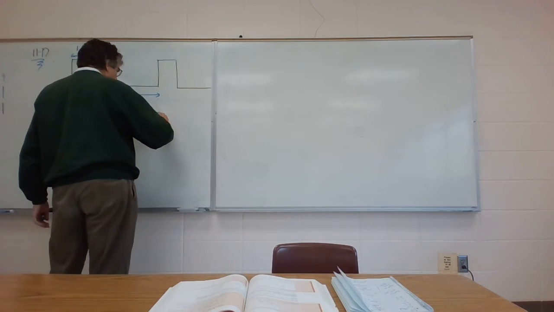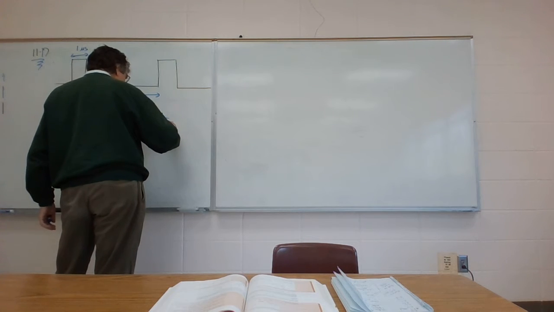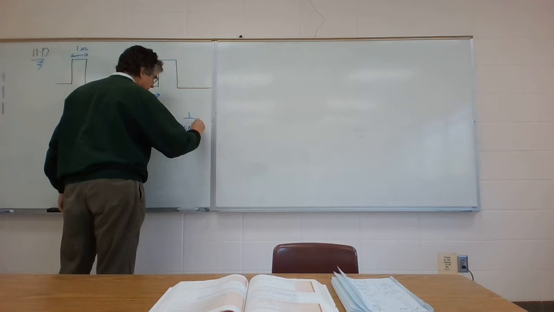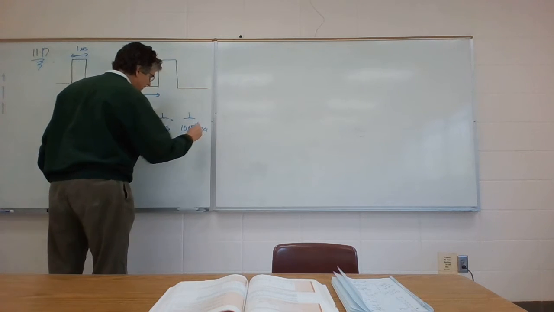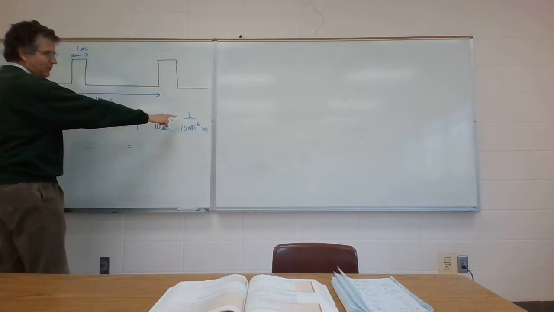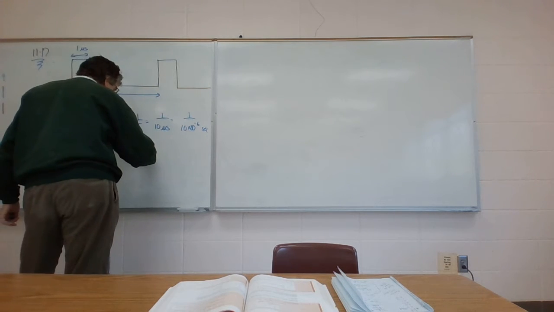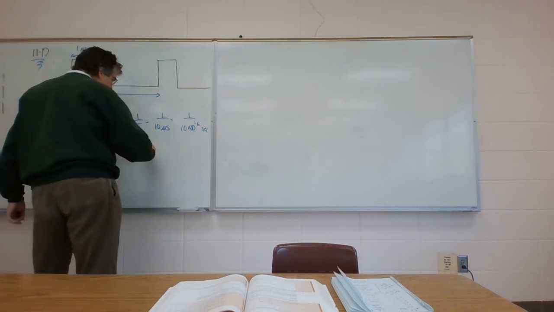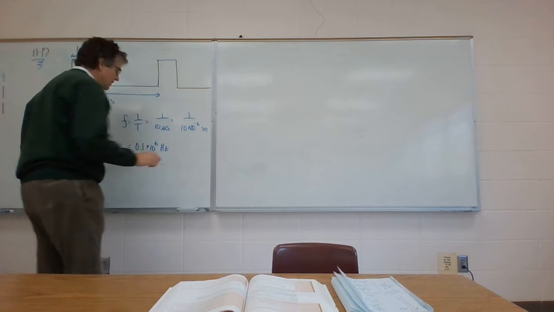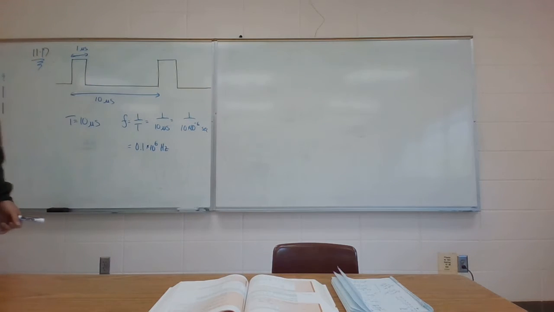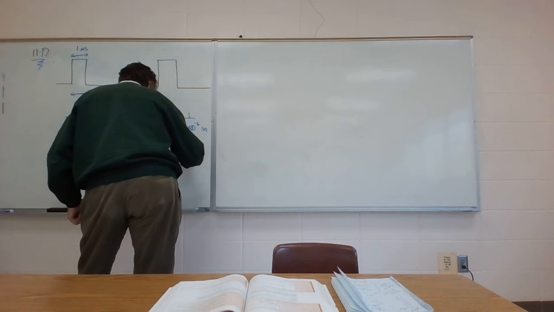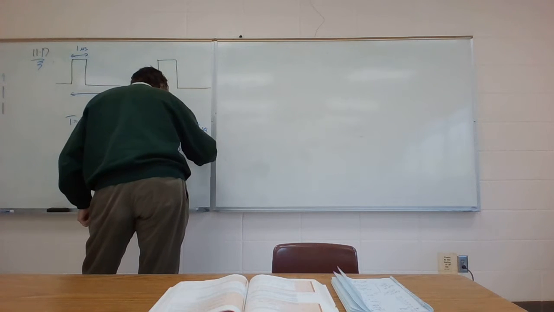So that's 1 over 10 microseconds, which is 1 over 10 times 10 to the negative 6 seconds. 1 over 10 is a tenth, so that's 0.1. 1 over 10 to the negative 6 is 10 to the positive 6 hertz, because 1 over seconds is hertz. That's a megahertz, so it's 0.1 megahertz.